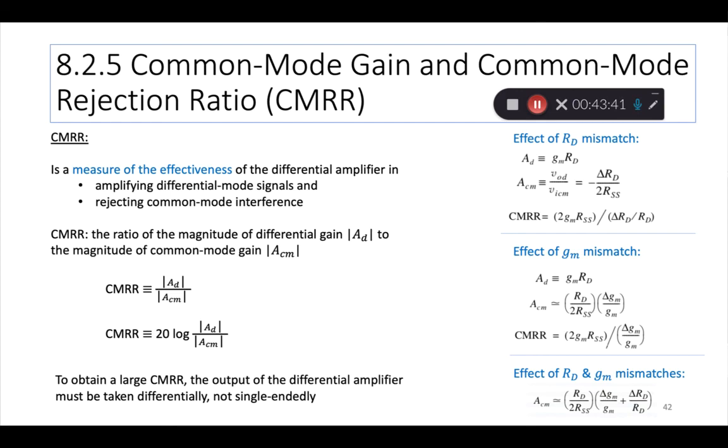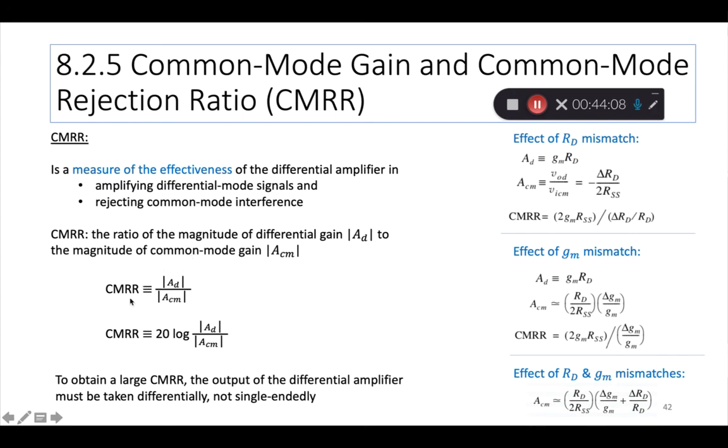Differential signals, it has to amplify. Common mode signals, it has to reject. And if you take the ratio of the magnitude of the differential gain to the magnitude of the common mode gain, which can also be shown in terms of decibels, that is the definition of CMRR.